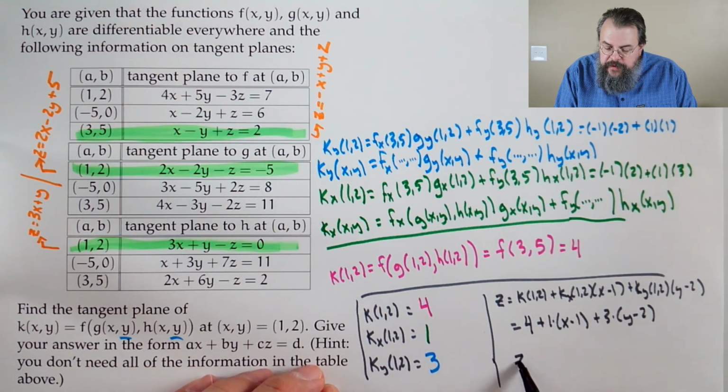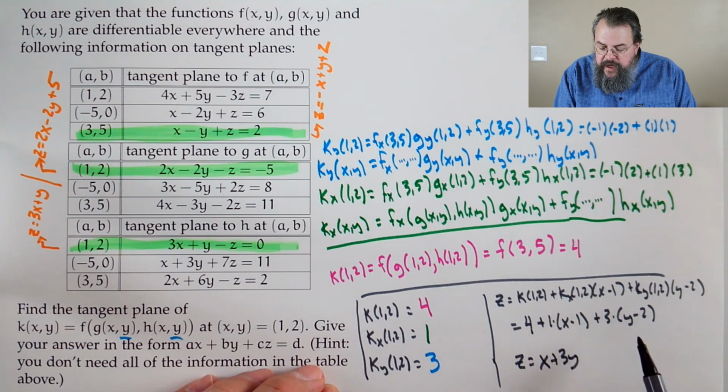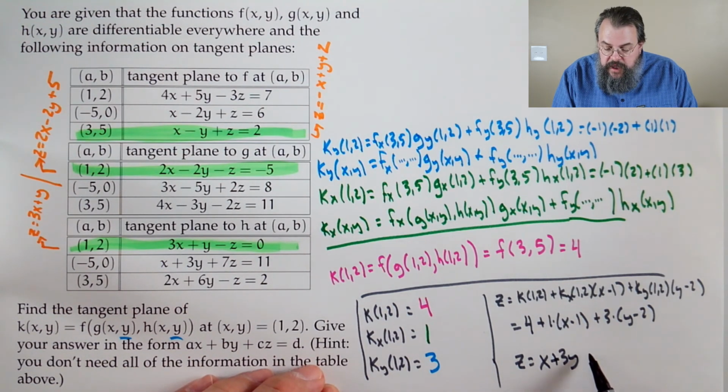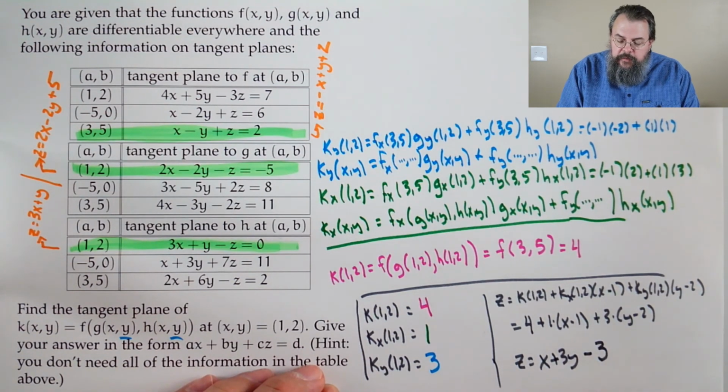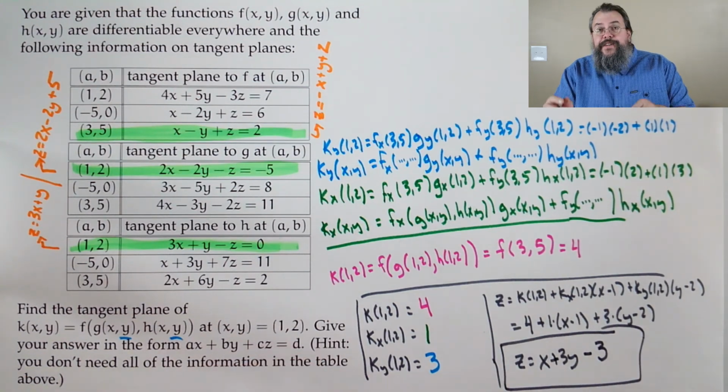And if we clean that up, that's x plus 3y, then we have 4 minus 1 minus 6, which is minus 3. So z equals x plus 3y minus 3.